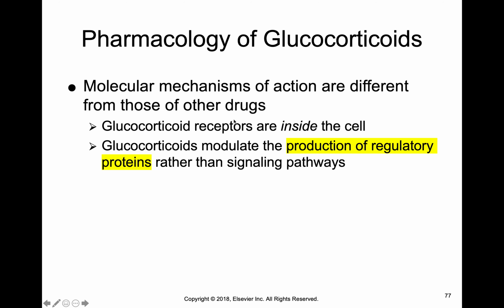Well, in this slide, steroids are a compound themselves that actually go inside into the cells. What they do is they modulate the production of regulatory proteins rather than signaling pathways. Whereas in the prior example, receptors are usually outside, you affect that receptor, then some kind of effect occurs, steroids happen to enter cells, and that's where they have their effect.